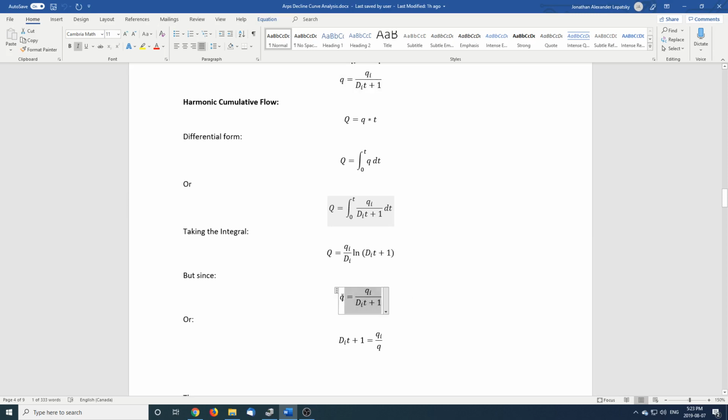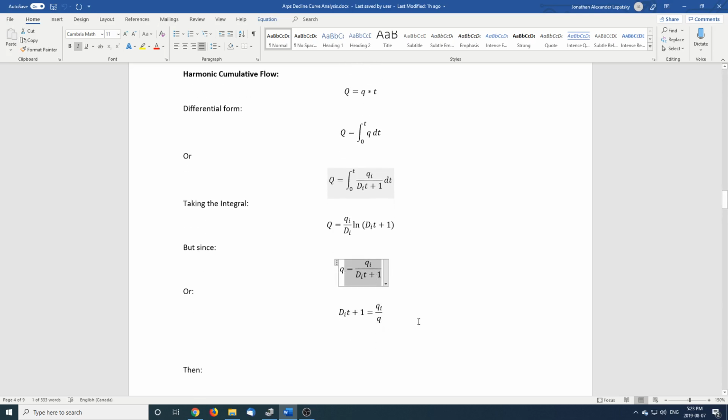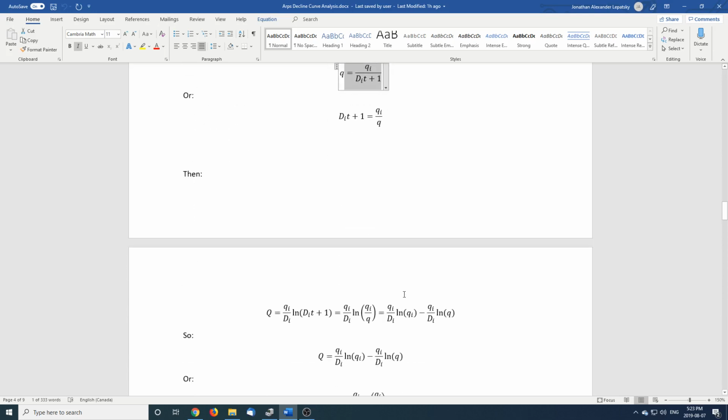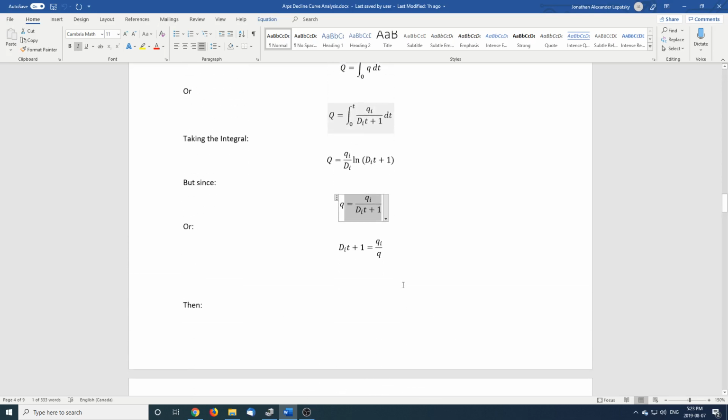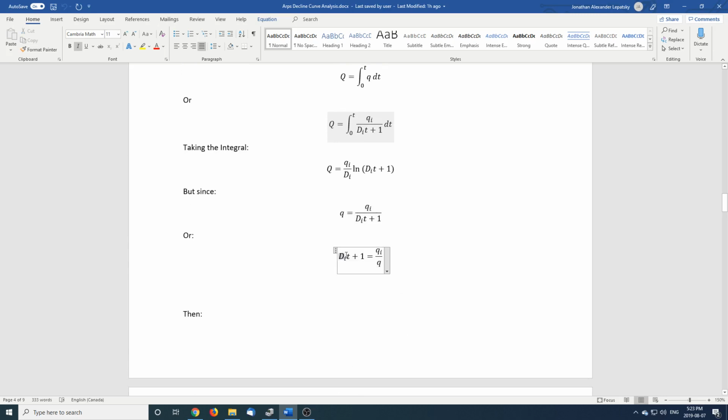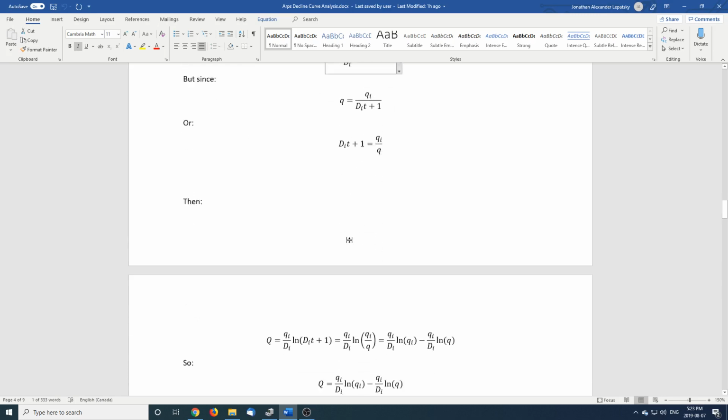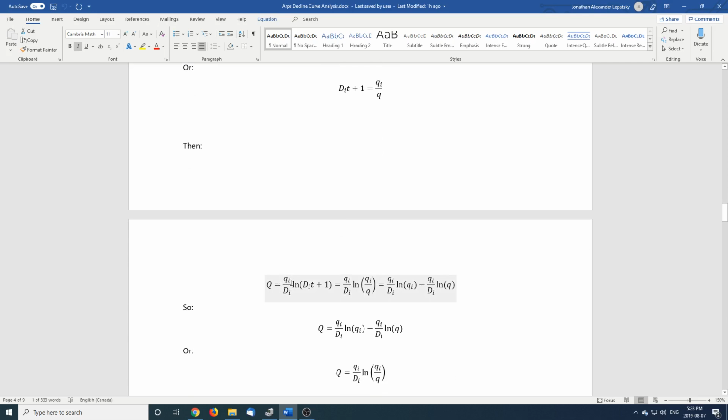We're just going to put this down here and then solve for what's on the bottom here by multiplying both sides by that, and then bringing the q down here by dividing both sides by that. And I believe what we do is substitute this into here such that we'll have a qi over q inside the logarithm, or it's written out here in full. So you have Q is equal to qi over di times the logarithm of qi over q.